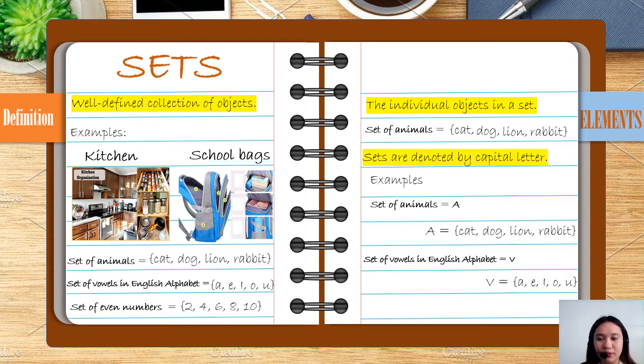Next, the set of vowels: we have A, E, I, O, and U. So, A is an element of set V, since in set V we have A. Next, the set of even numbers: E is equal to 2, 4, 6, 8, and 10. So 2 is an element of E, 4 is an element of E, 6 is an element of E, 8 is an element of E, and 10 is also an element of E.